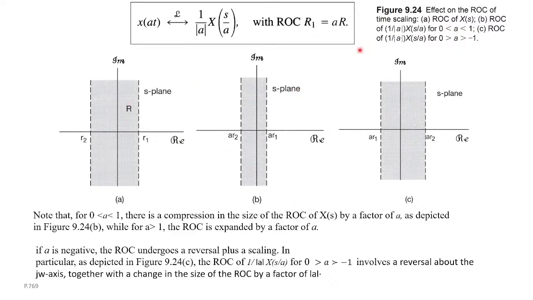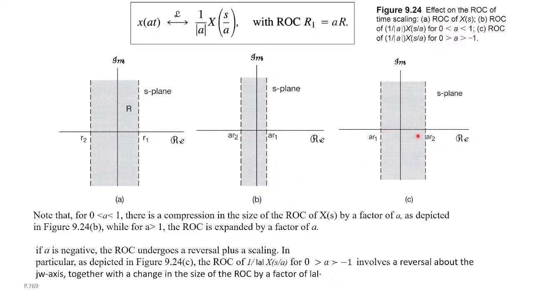Another example is where a is negative, but its magnitude is still less than 1, so it's still compressed. Although the drawing is a little weird, it's kind of doing the compression first and then flipping left and right.